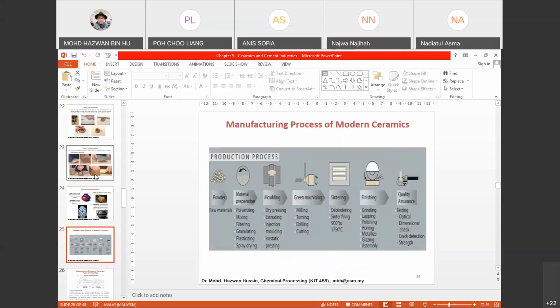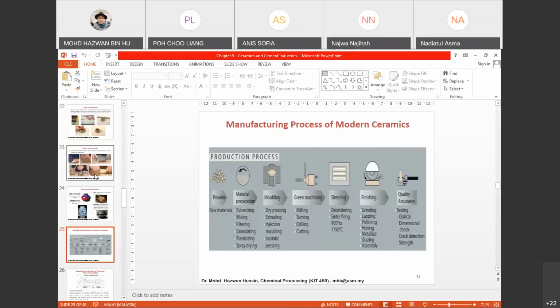The production of modern ceramics is more detailed compared to traditional ceramics, where the material is first pulverized, crushed and ground, and later during the mixing, it is inserted into the molding.